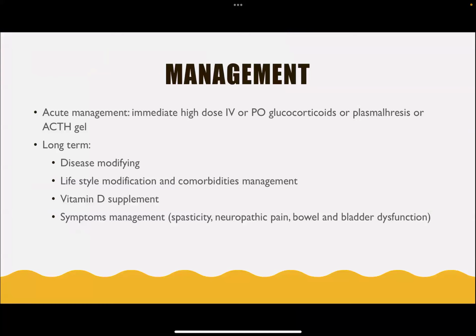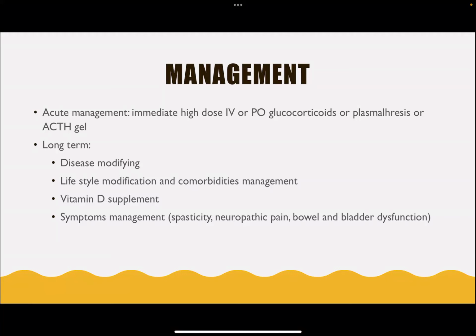Coming to the management, for the flare-up, the acute management, first line is the high dose of IV or per oral glucocorticoid, such as methylprednisolone, or as an alternative, we have plasmapheresis or ACTH gel. Regarding the long-term management, we can use disease-modifying therapy, lifestyle modification, for example, quitting smoking, and comorbidities management.